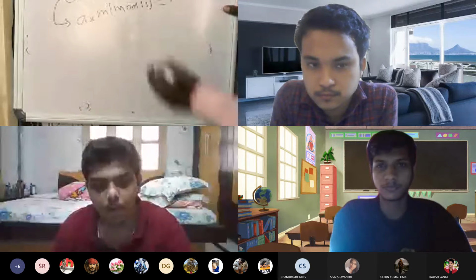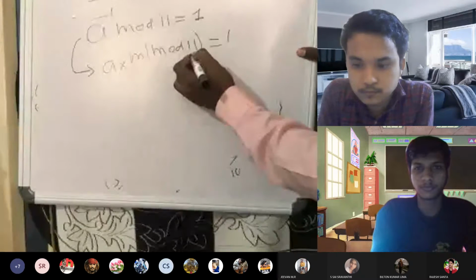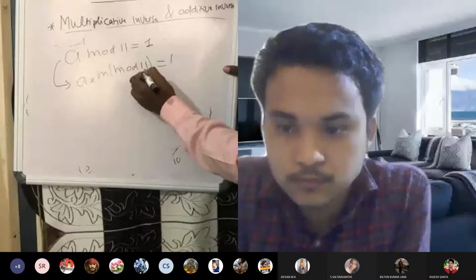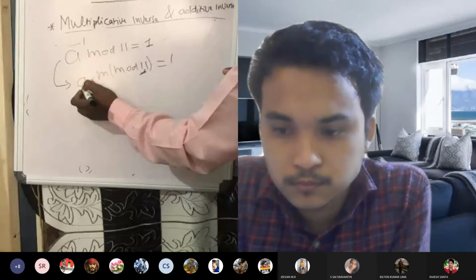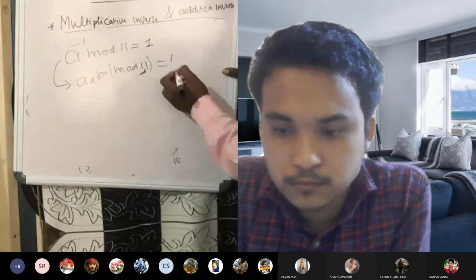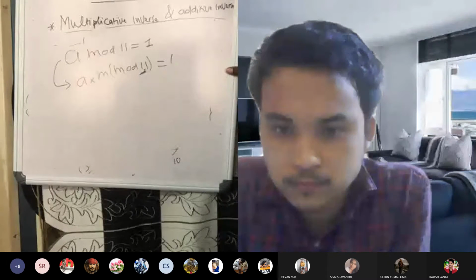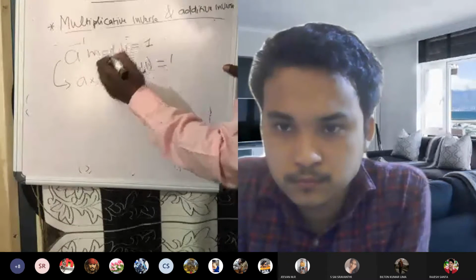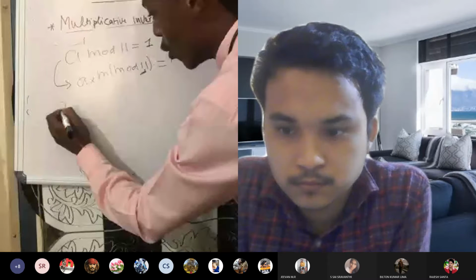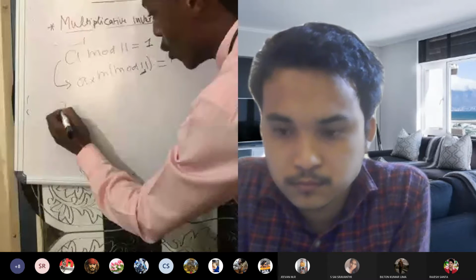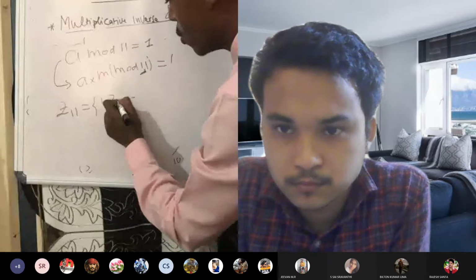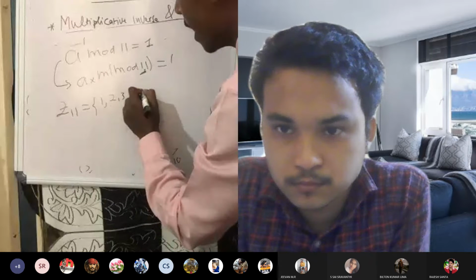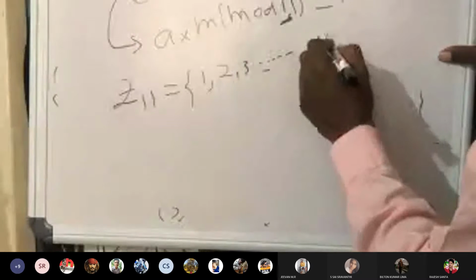Now, in a set of 11, what number can we multiply and then they can give the residue equal to 1? So in this multiplicative inverse, the set of integers starts from 1, 2, 3, and goes on till 10.